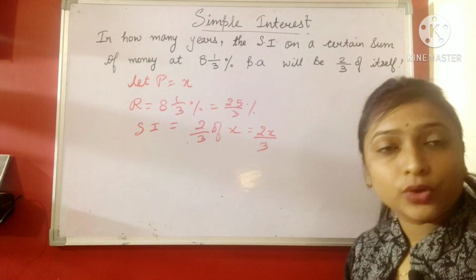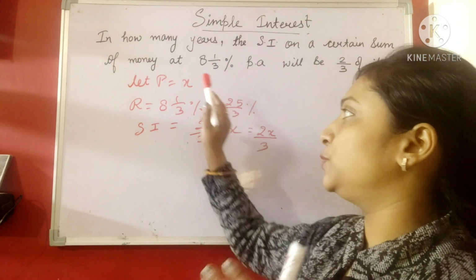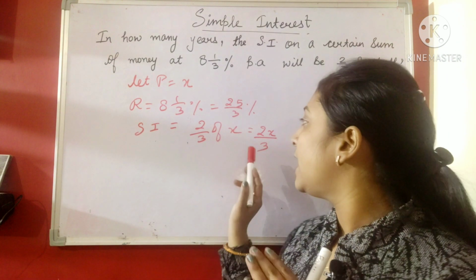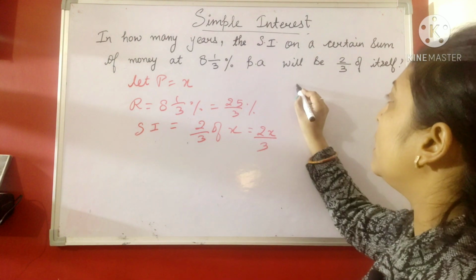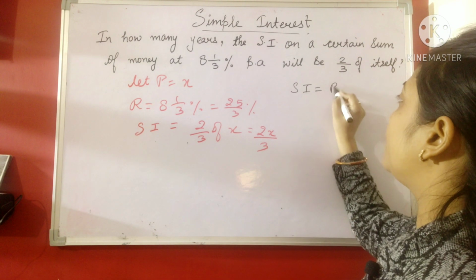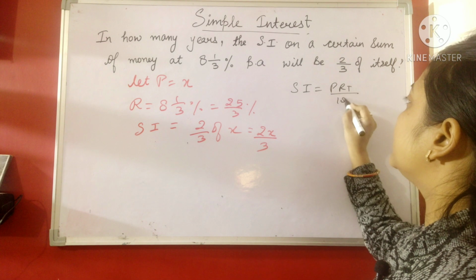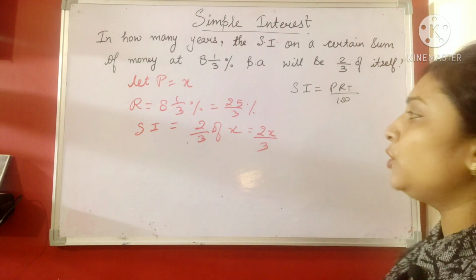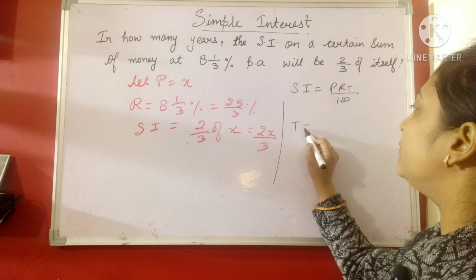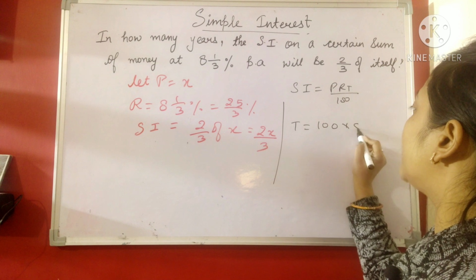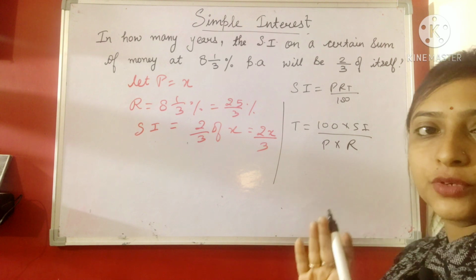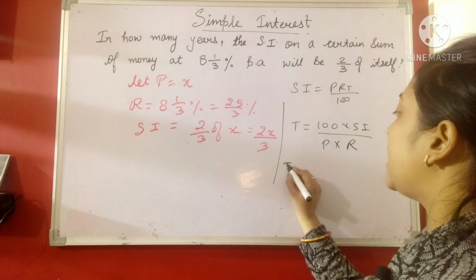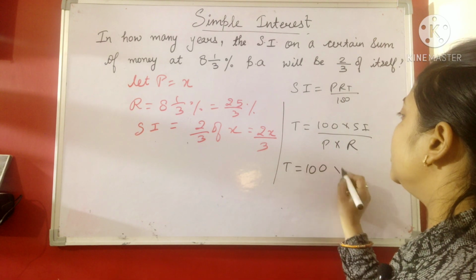Now we have to find out time. We don't have exact P, we don't have exact SI, but we know one formula. Let's apply that formula. SI is equal to PRT by 100. This is the basic formula. We have to find out time. So time will be 100 into SI upon P into R. Let us substitute whatever we have. That means 100 into SI.